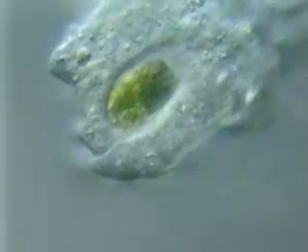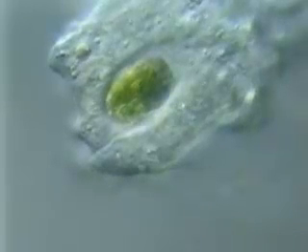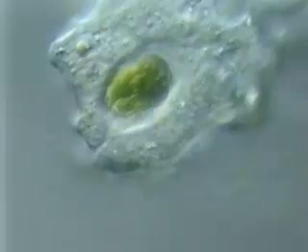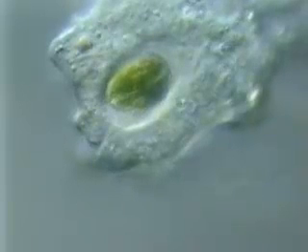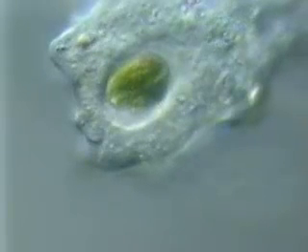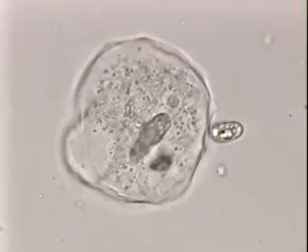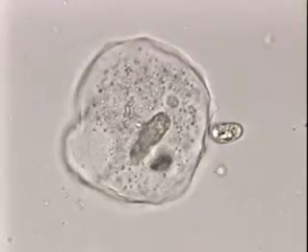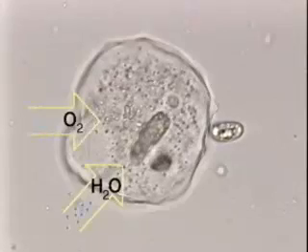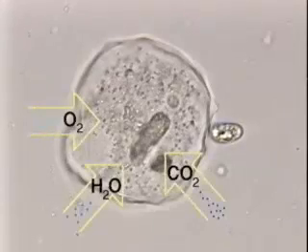Here, an amoeba engulfs a green euglena. It forms a food vacuole where it will digest its prey and pass on nutrients to the rest of the cell. The cell membrane controls the flow of nutrients, oxygen, and waste into and out of the cell.